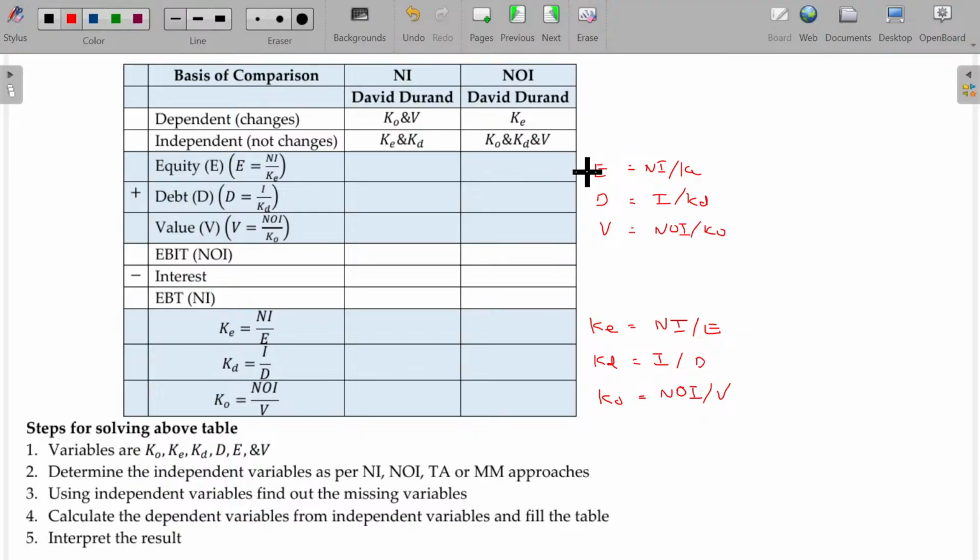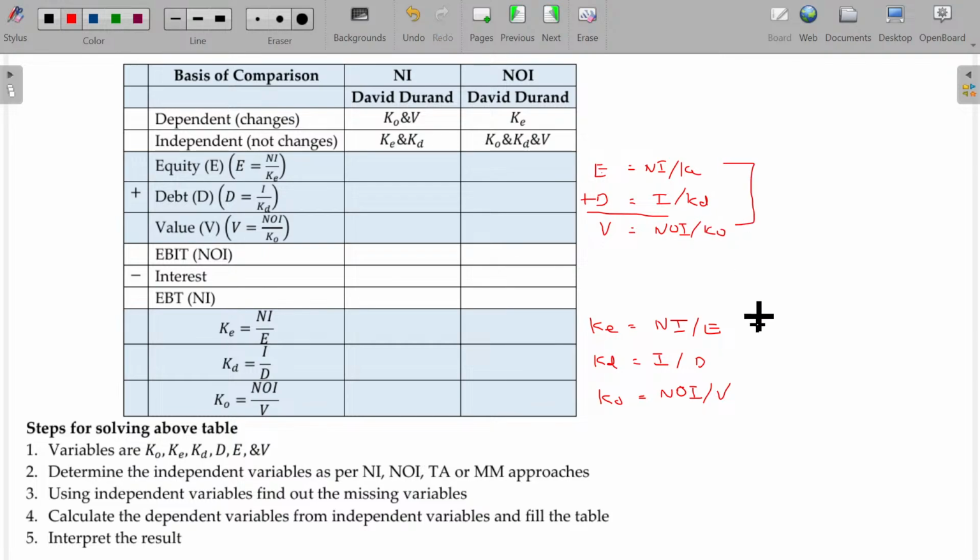You know that if you add up these two, you'll get the value. So you can find it either by adding equity plus debt is equal to value, or if NOI and KO are given, then also you can calculate. Whatever the available information, you can use this as a base and calculate.